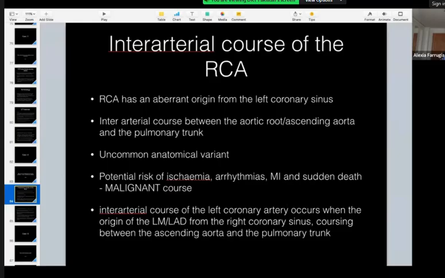It's quite uncommon, thankfully. But there's a potential risk of ischemia, arrhythmias, myocardial infarction, and sudden death. And you can have an interarterial course of the left coronary artery as well, when the left main or the LAD originate from the right coronary sinus, and again coursing between the ascending aorta and the pulmonary trunk.